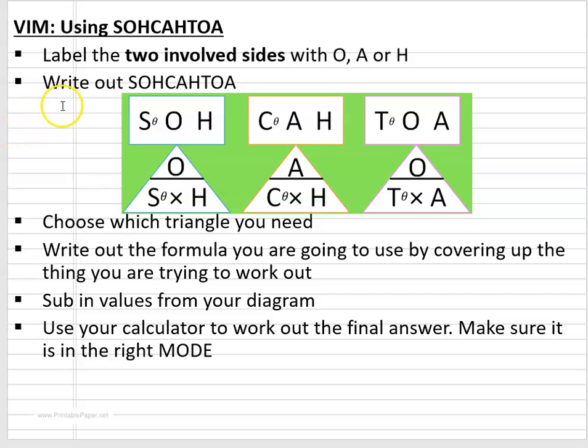And this one, very important, the steps. Label the two involved sides with A, O, or H, only the two involved. Today we're focusing on cosine, so we're going to be labeling adjacent and hypotenuse, A and H. That's what we need, and then identify which one is missing. If you didn't copy this down last lesson, please make sure you do. Any issues with your calculator, please do let me know.